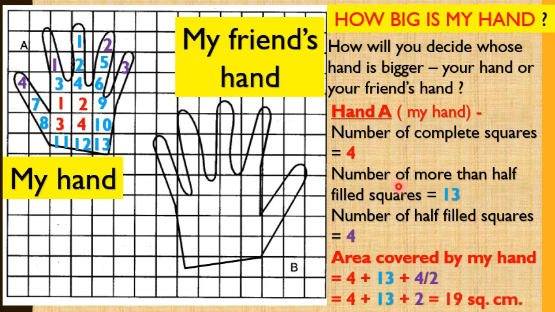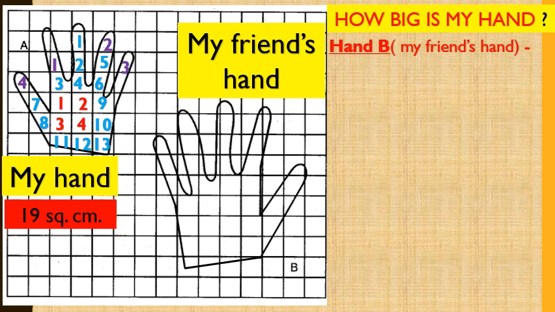Number of complete squares are 4 plus number of more than half filled squares are 13 plus number of half filled squares are 4 divided by 2, that is 4 plus 13 plus 2 equals 19 square centimeters. Area is measured in square centimeters. So the area covered by my hand is 19 square centimeters.